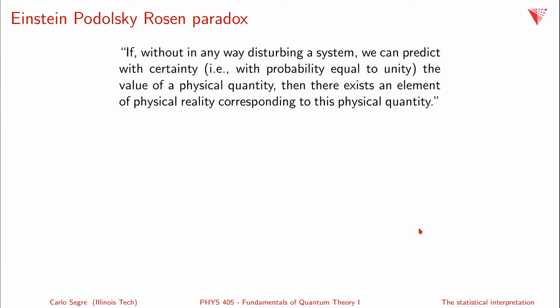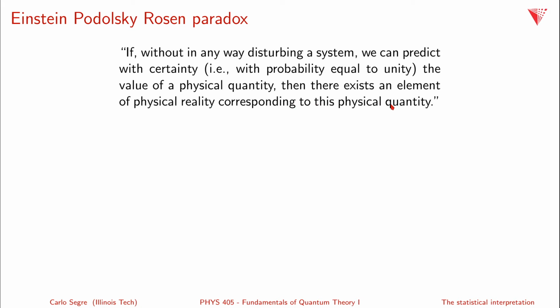So what did they say? Well, one of the key phrases in this paper is that if, without in any way disturbing a system, we can predict with certainty, that is, with probability equal to unity, the value of a physical quantity, then there exists an element of physical reality corresponding to this physical quantity. That's a postulate that they have.